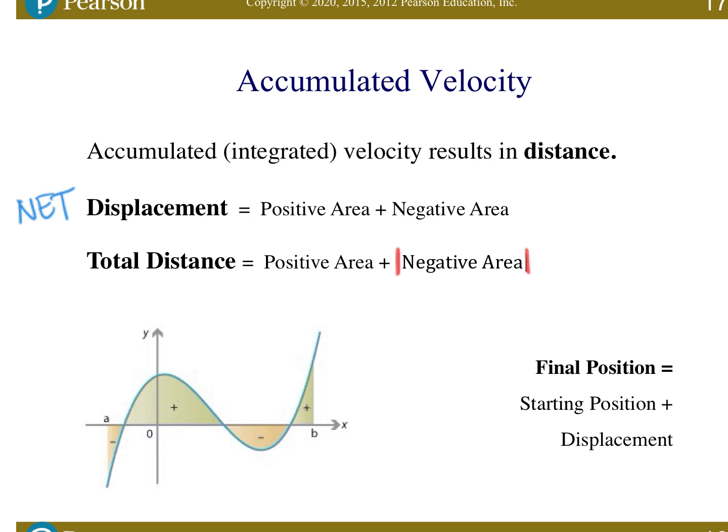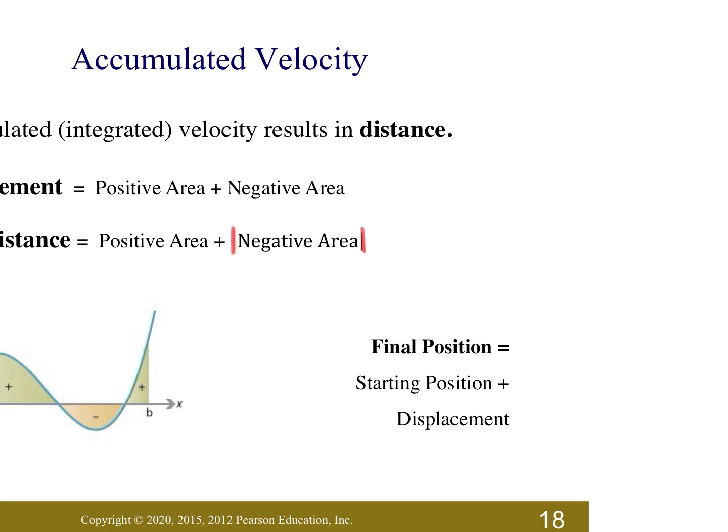If you are asked about the final position, where do you end up? That question often gets confused with total distance. Often people will answer final position as the same thing as total distance. It's not. You have to take into account that the initial starting position affects your final position, so the initial starting position and the displacement combined will tell you where your final position is.